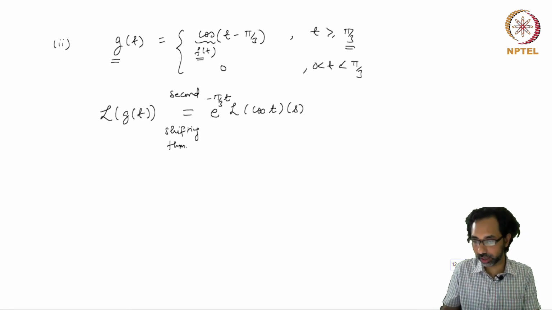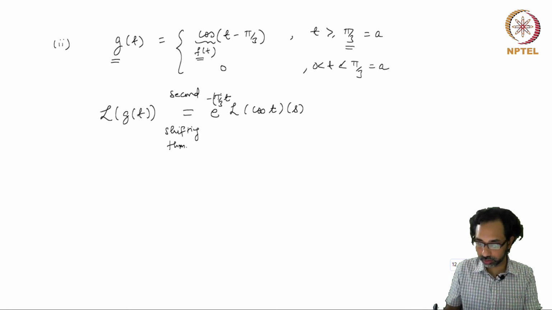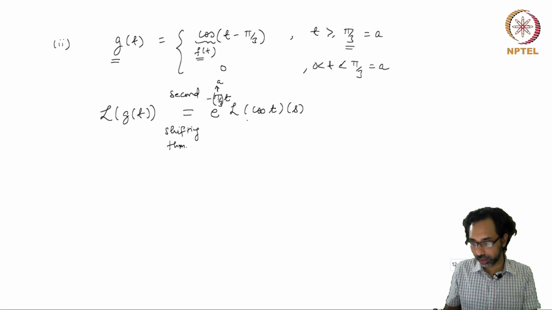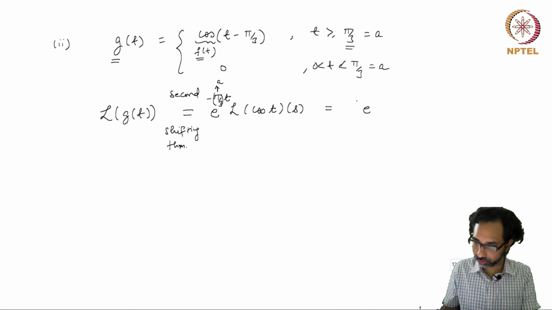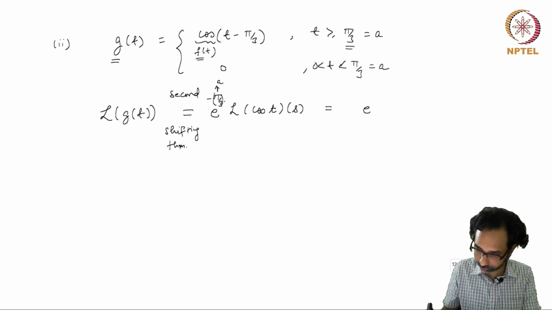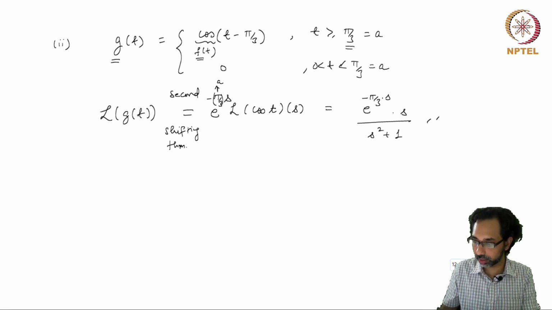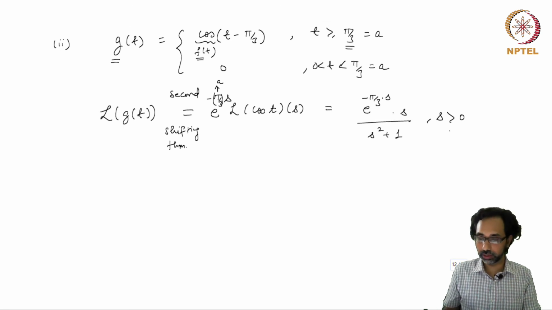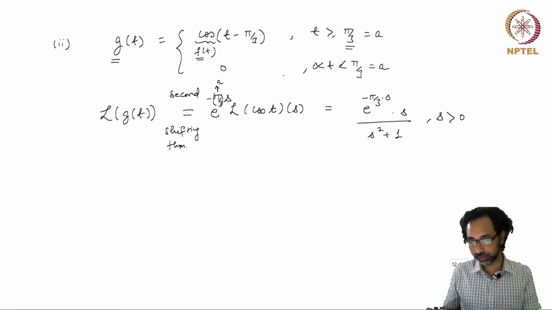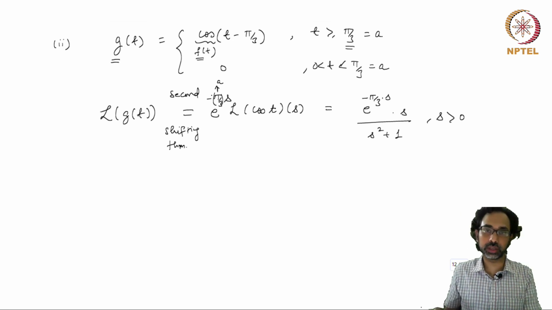So this is the a in the second shifting property, and we know the Laplace transform of cos of t, which should be s over s squared plus 1. So in the end we get e to the power minus pi by 3 times s, times s over s squared plus 1, and here the region of convergence is simply s greater than 0. So we have applied the second shifting property for this example.